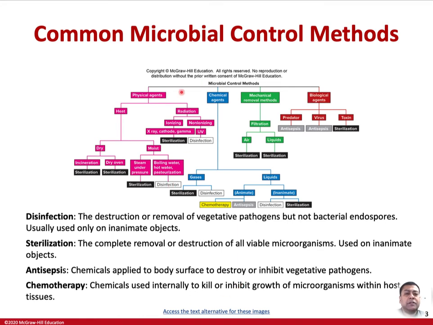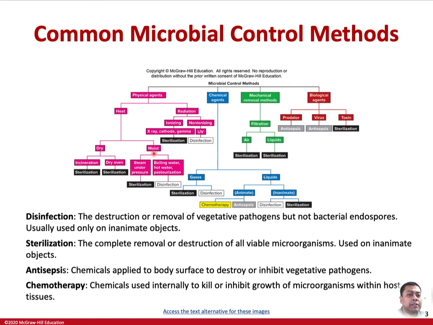So let's first take a look at the four different categories of microbial control. The first one right here is the physical agents, and the first area we are looking at is heat. Heat could be dry heat, which could be incineration or burning. That will cause sterilization. Or a dry oven, dry heat, can also cause sterilization, destruction of everything, including endospores.